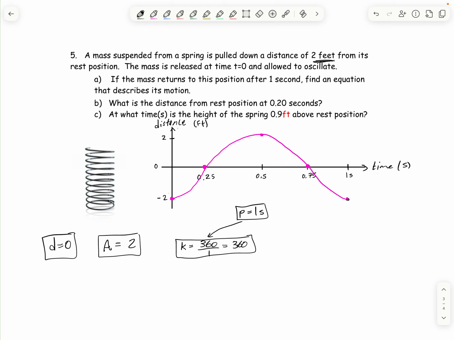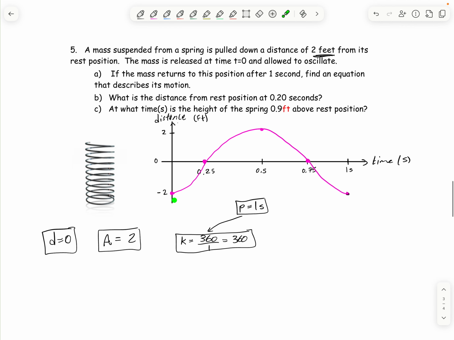Hence these numbers, right? Instead of 0, 90, 180, 270, 360, it's essentially squished 360 times, compressed by that factor. So the period is 1 instead of 360, right? Okay, so we've modeled it here.